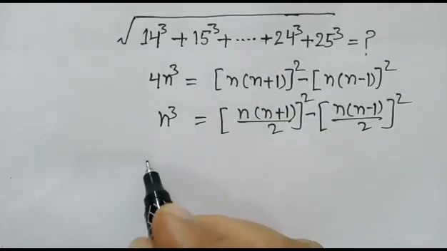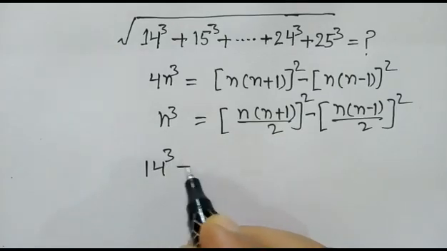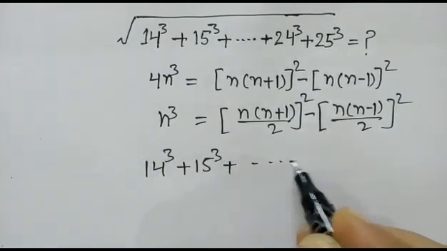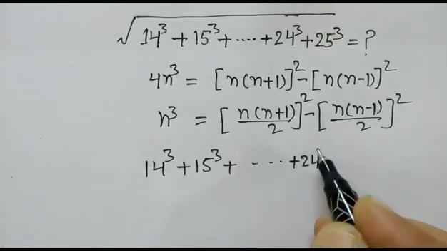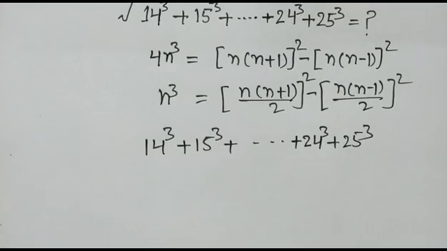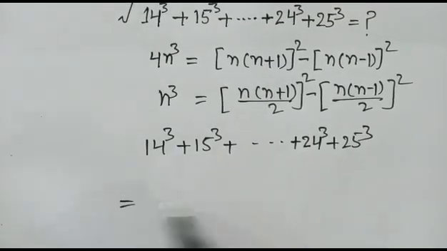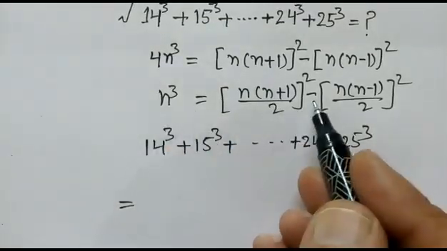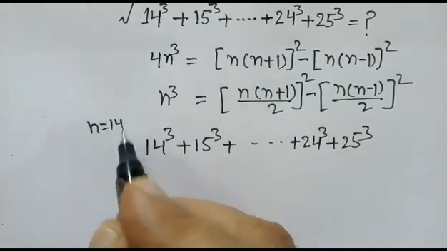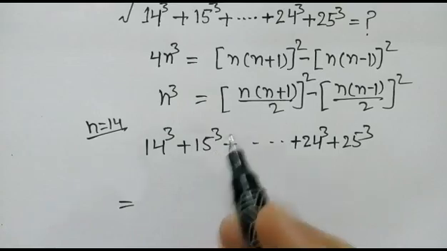Now, 14 cube plus 15 cube plus up to 24 cube plus 25 cube. Now we will use this formula. First we take n equal to 14. So what will it be?